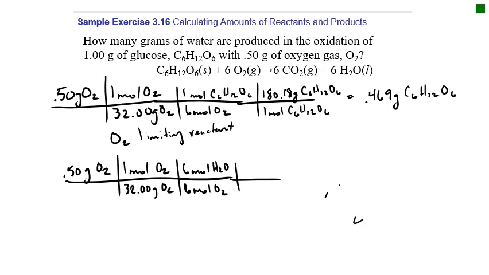And then finally, since it's asking for grams of water, I can use the molar mass, 18.02, to convert that into water. Now, for your final amount, we'd end up with 0.282 grams of water.